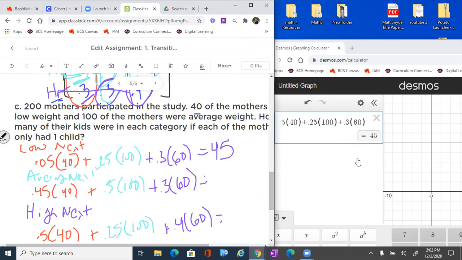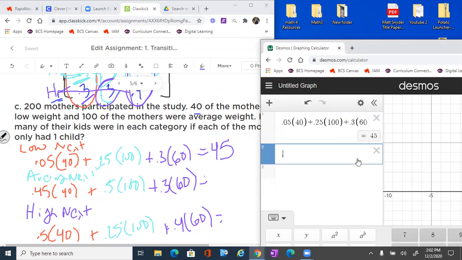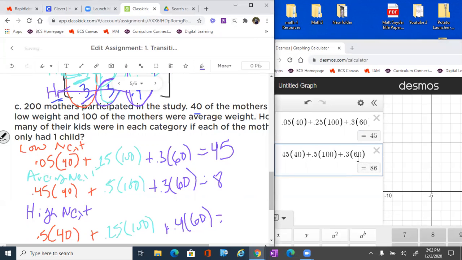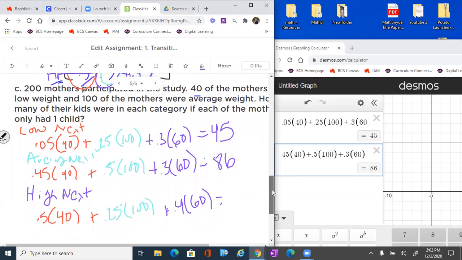So there should be 45 babies in the low weight category. We just keep working it all the way across, one at a time. Which is 86. Okay, so there should be 86 babies in the average category.